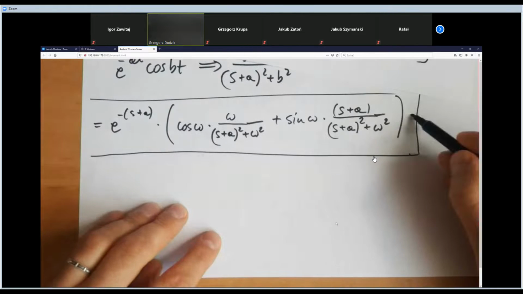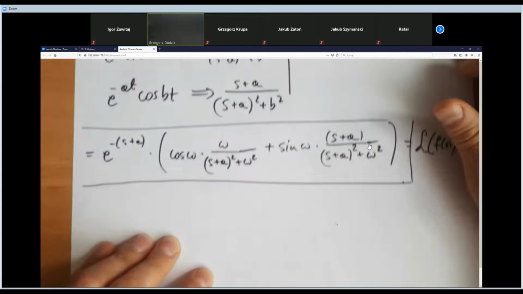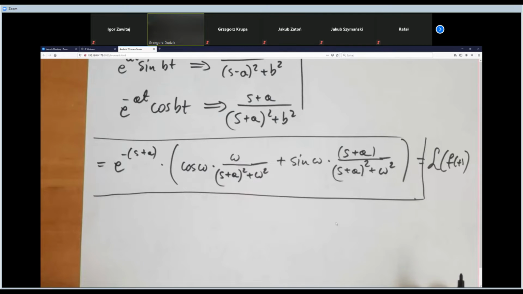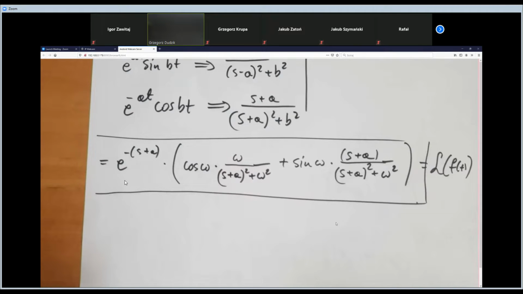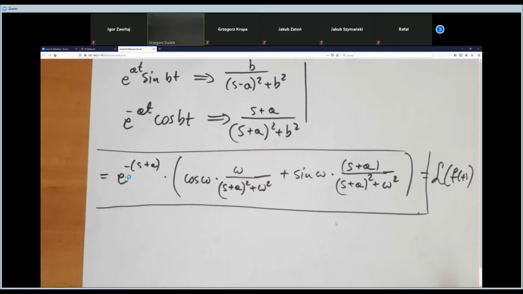This is our Laplace transform of the f(t) function. Okay. I showed you what the transformation with the shifted unity function looks like. So as you see, it is much harder. Great. The next thing, the next example.